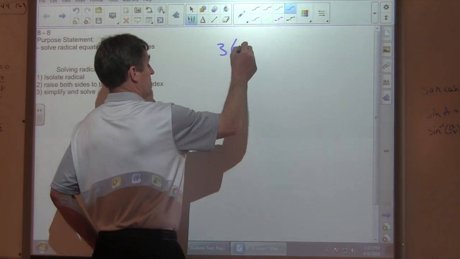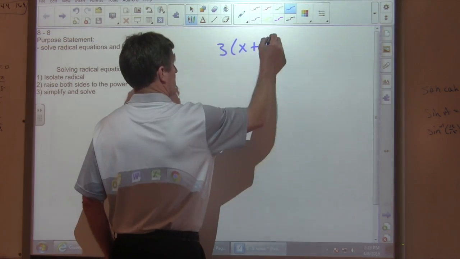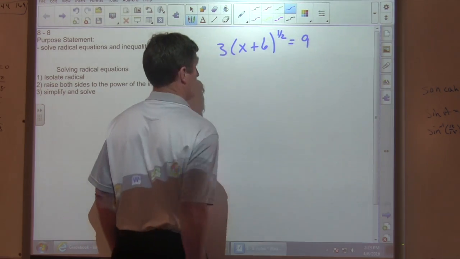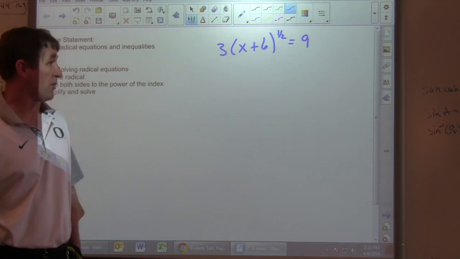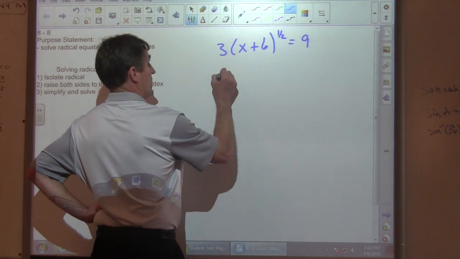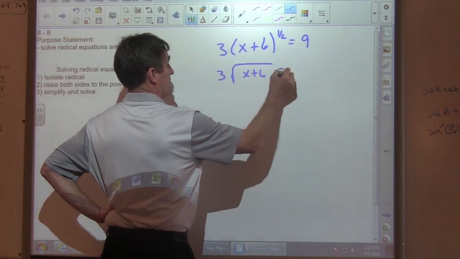3 times (x plus 6) to the 1/2 power equals 9. Remember, we want to get this radical by itself. So you could leave it this way, or you could write it as 3 times the square root of x plus 6.